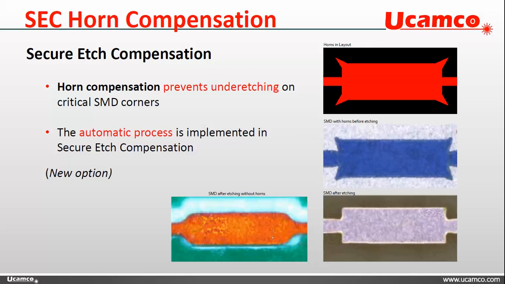So we thought about adding horns. The horns in layout would look like this, and before the etching process they would look like that. After the etching we have a much better rectangular shape and all the copper we need still there.